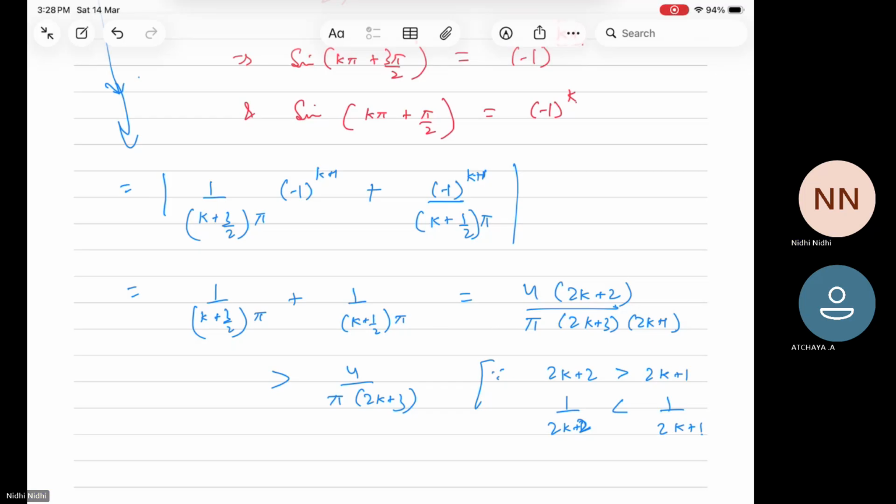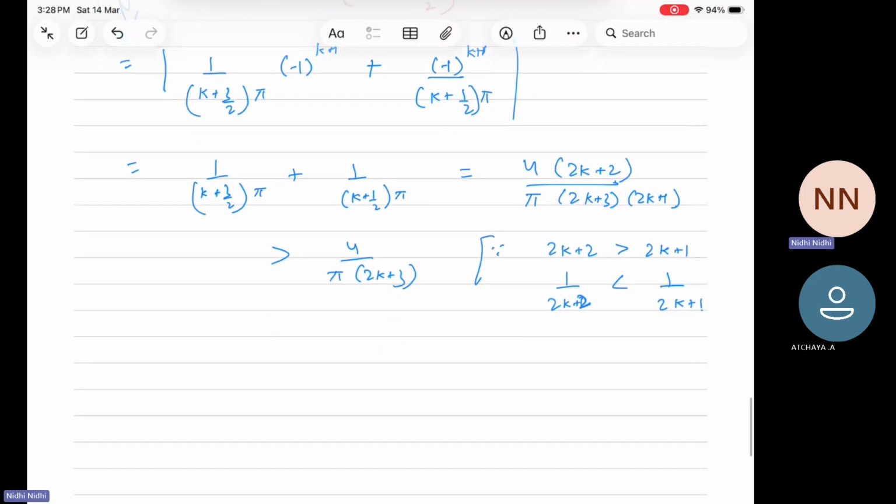Okay, wait just a second. Yeah. Therefore, 1 upon 2k plus 1 is actually greater than 1 upon 2k plus 2, and multiplying it by 4, 2k plus 2 upon 2k plus 3, this will be greater than 4 upon 2k plus 3.